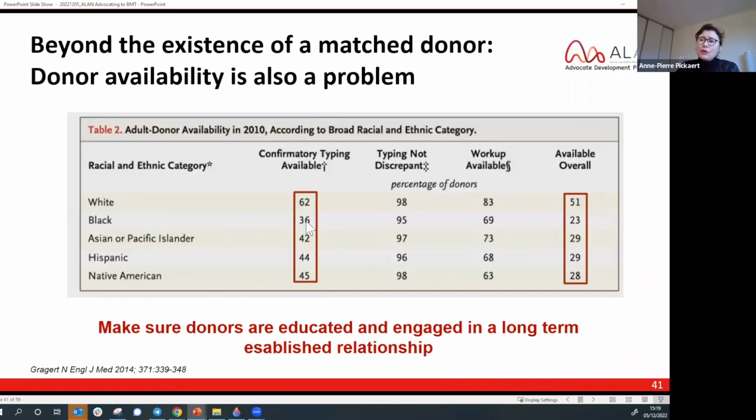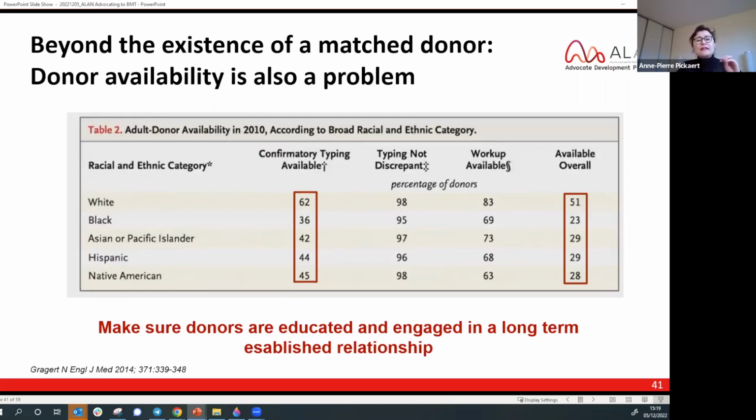And you see, according to different communities, you've got different percentages. And this also relates to level of literacy and availability, but also affordability. Not everyone can take time off to give their bone marrow for someone they don't know, and they might not want to do that.